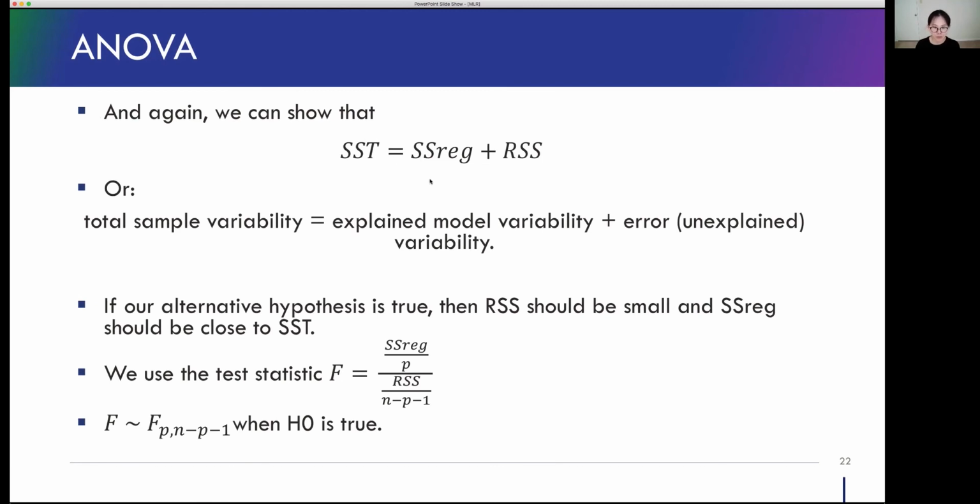And again, we know that the total sum of squares is this regression sum of squares plus the residual sum of squares. Which is basically the total sample variability equals the explained model variability plus the error variability, which this error variability, RSS, is not explained by the model.